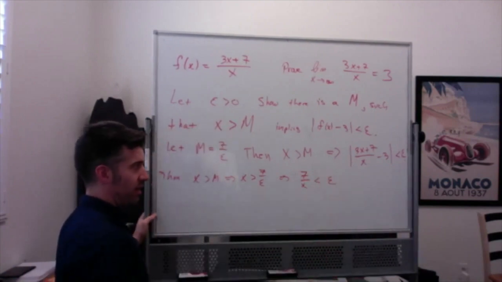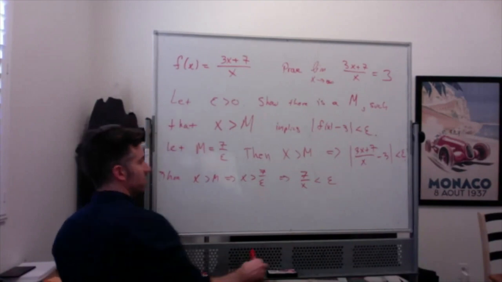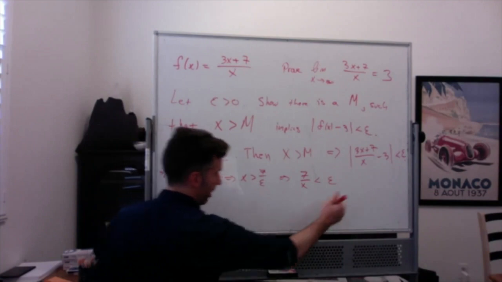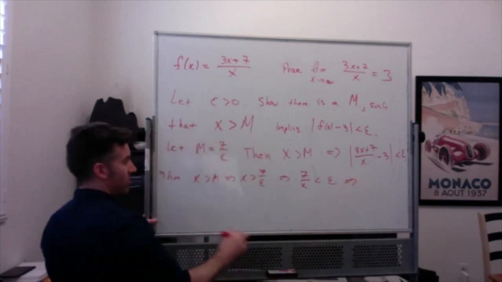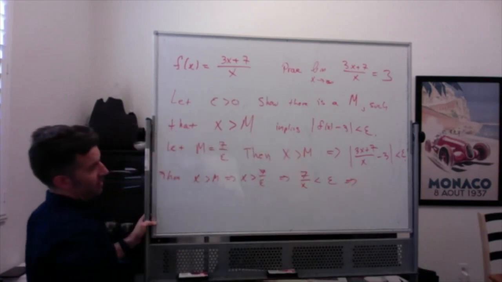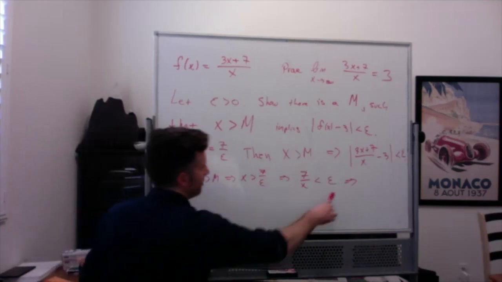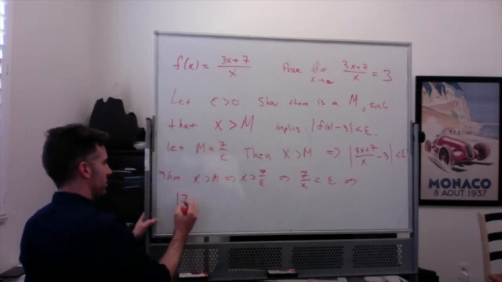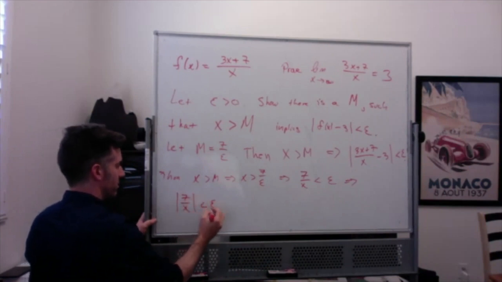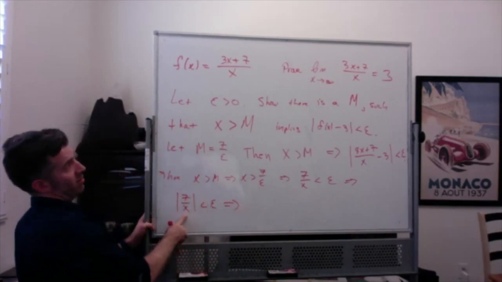You guys see how I got there? Right, okay. And then we can throw some absolute values around that. If something is less than a number, its absolute value is too, since this is positive. And then we can make this look like what we want it to look like.